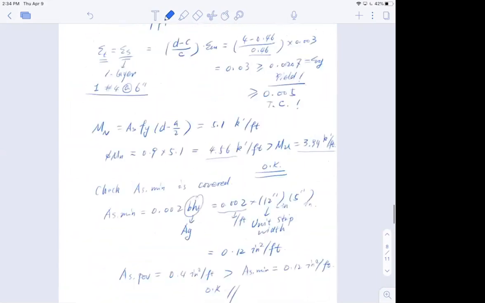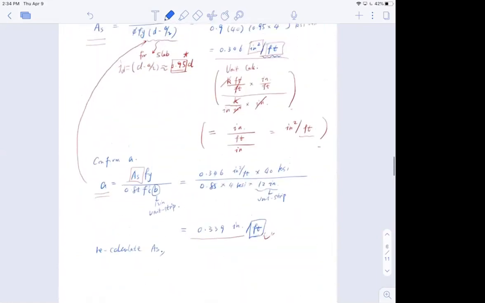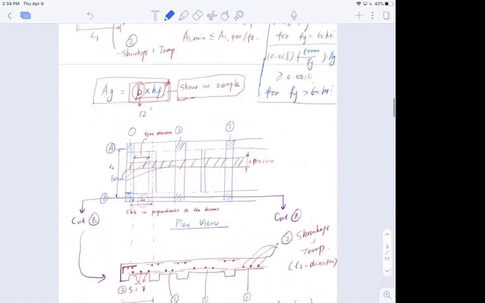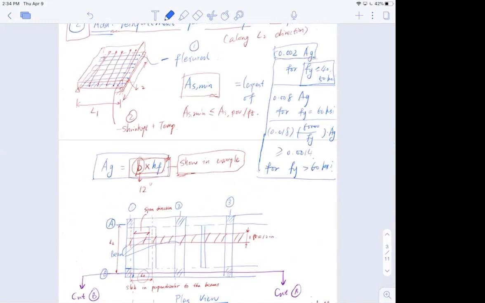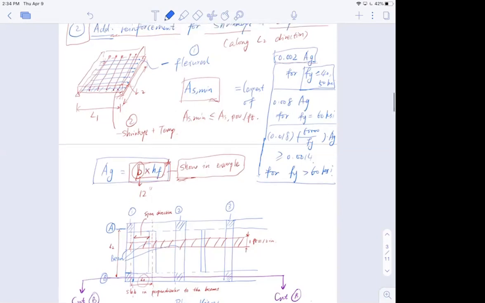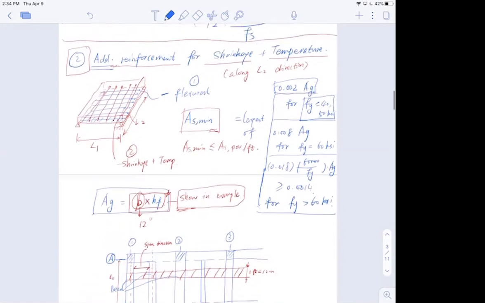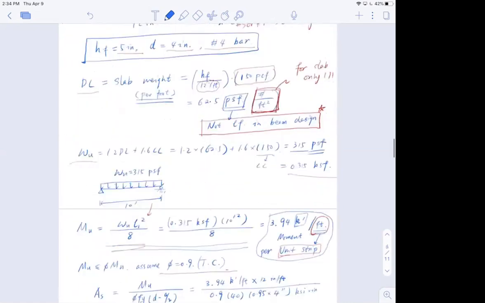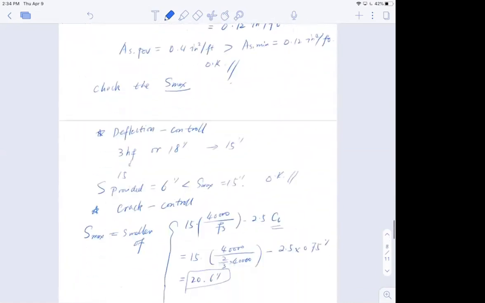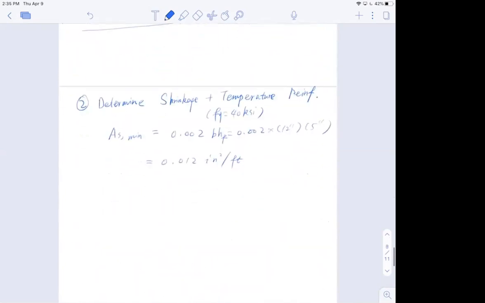Did I mention there's also a spacing requirement? I think I should have mentioned there's also a spacing requirement. Anyway, let me go back here. So for this, this is calculated. I'm going to set a limitation on S max spacing from the previous case.